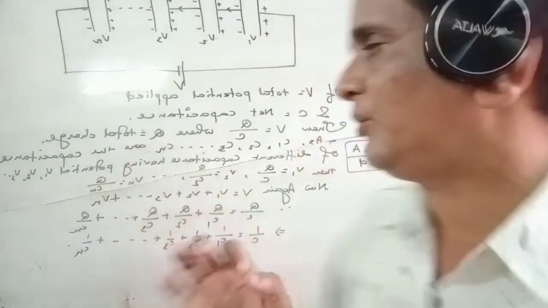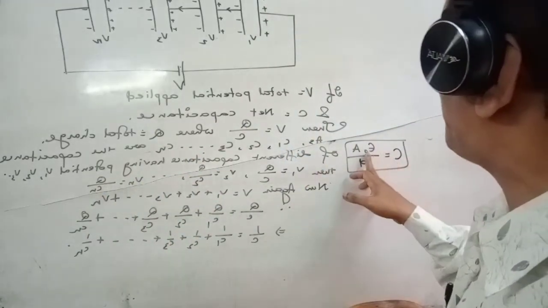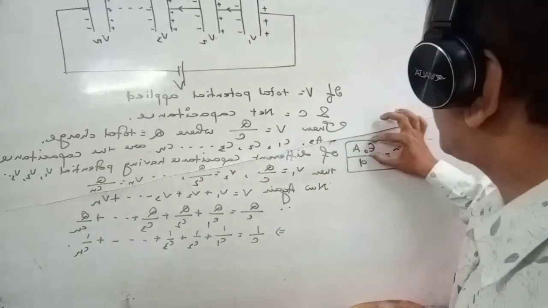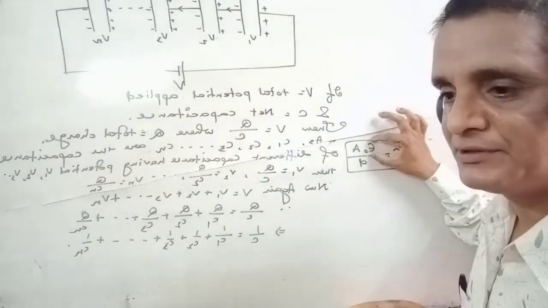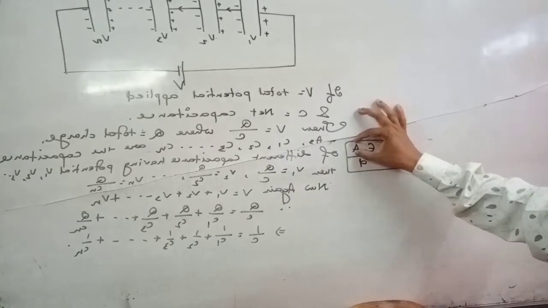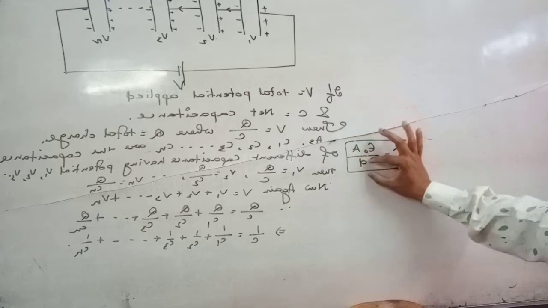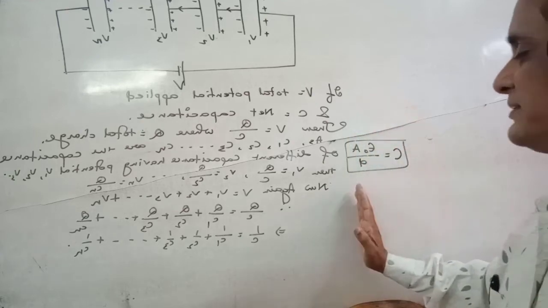We come to know that the capacitance of a capacitor depends upon the permittivity of the medium, then the area of cross section of the parallel plate capacitor, and the distance between the two plates of the capacitor.